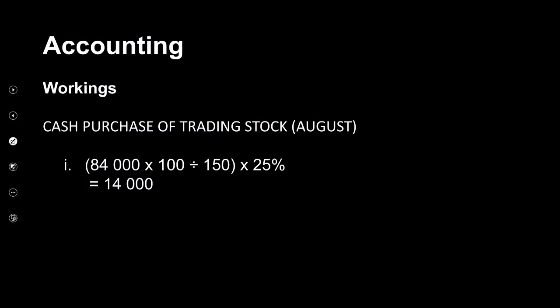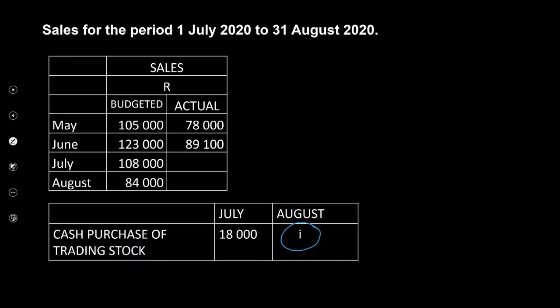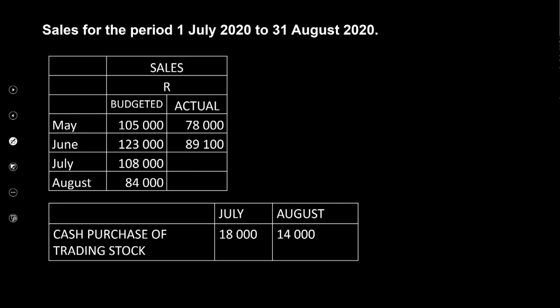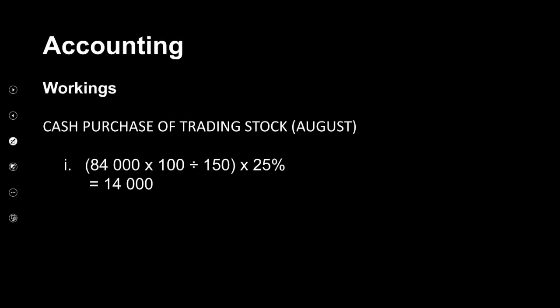Let's go back. Clearly you can see that you have your sales figure there, and you need your cost of sales figure. Firstly, we find that we have 84,000 Rand as the total purchases.